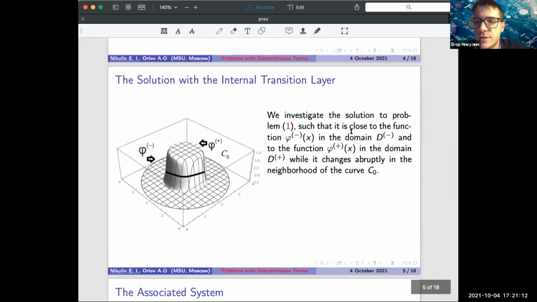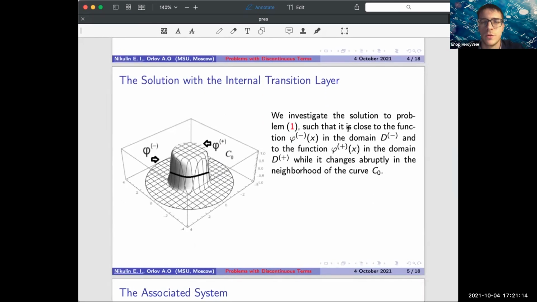We investigate the solution to problem 1 such that it is close to the function phi minus in the domain D minus and to the function phi plus in the domain D plus, while it changes abruptly in the neighborhood of the curve C0.